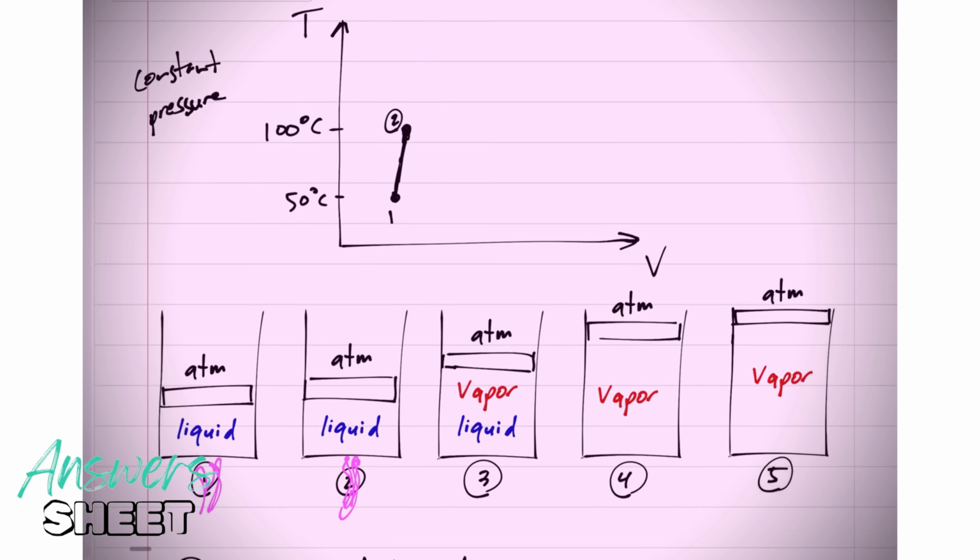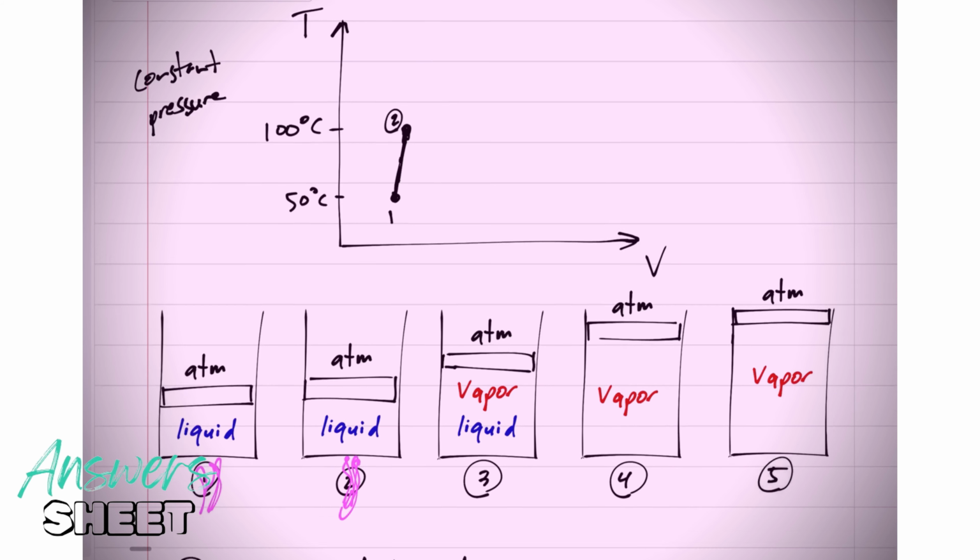Do you know what happens when you put more and more heat to that? It starts vaporizing, right? It starts boiling. But the temperature, y'all learned this in high school, right? The temperature stays the same. And so then we would go on this horizontal line, and we'd get some liquid, some vapor, and the volume would start to increase, but not much of a temperature change.